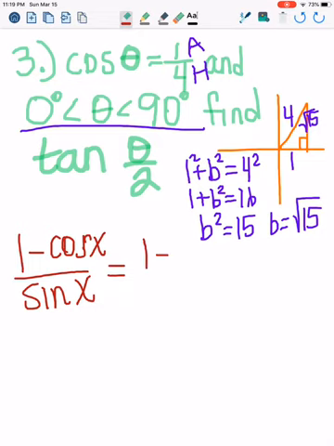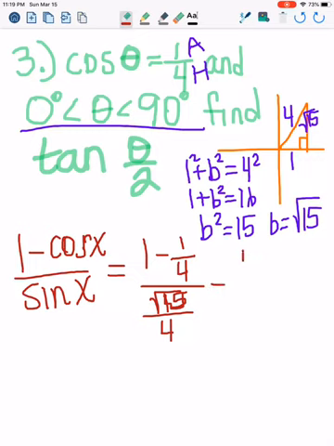Okay, so we're going to do 1 minus, our cosine is our adjacent, oh, we already had that in the problem, so 1/4. And then our sine is now the root 15 over the hypotenuse. So we're going to get our common denominator like we've been doing all along.